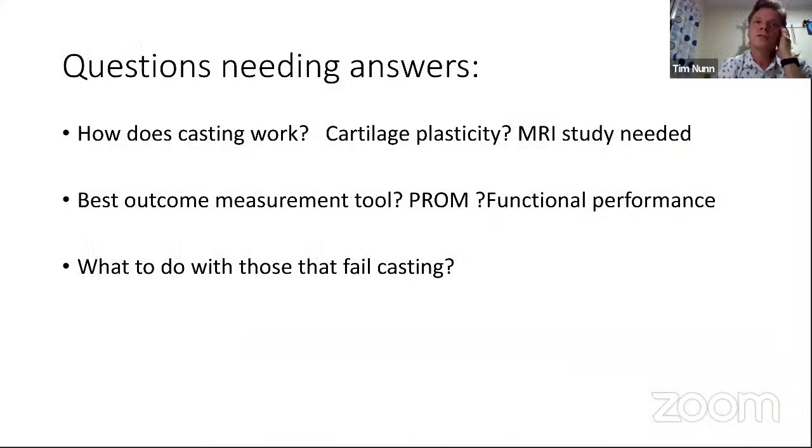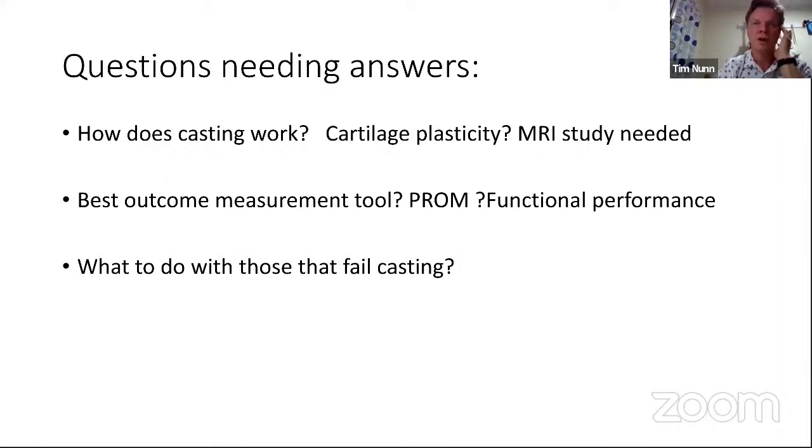So the questions that need answering from this are, how does casting work in the older child? Is it just through ligament, tendon stretching, soft tissue, or is there cartilage plasticity going on? And if so, does that affect the duration and the timing of the changing of casts?